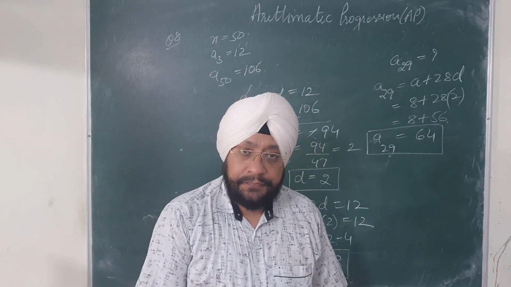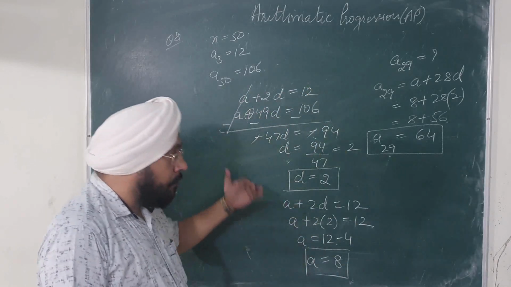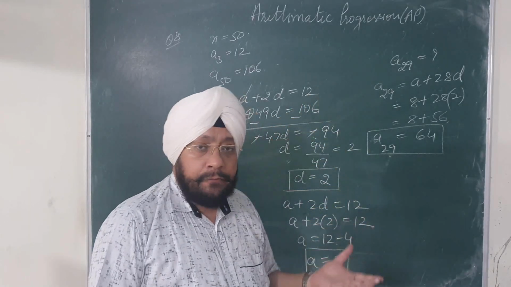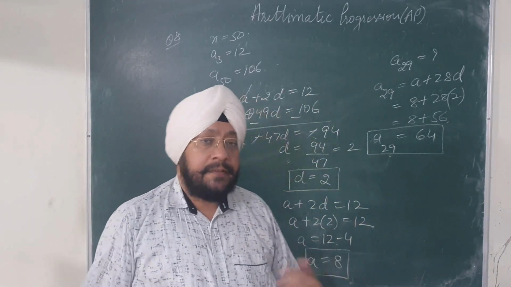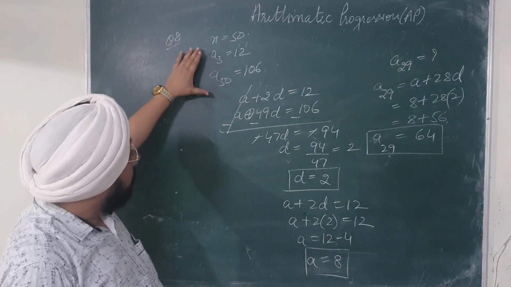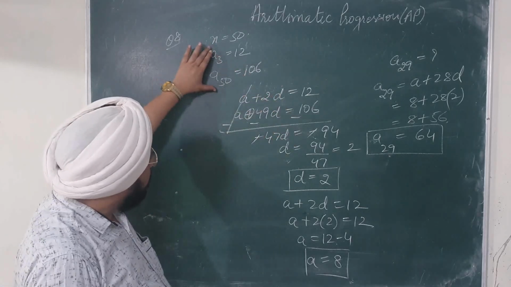Clear, students? It's okay. You can see that whatever we have done, the same pattern is there. We have to take the conditions which are given to you. Here the third term is given, the 50th term is given. So just utilize these two conditions.